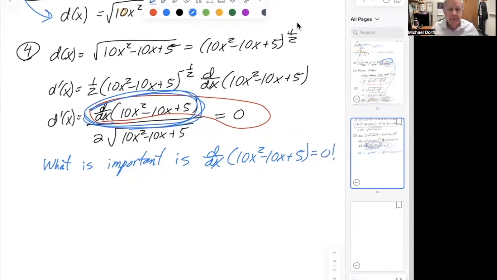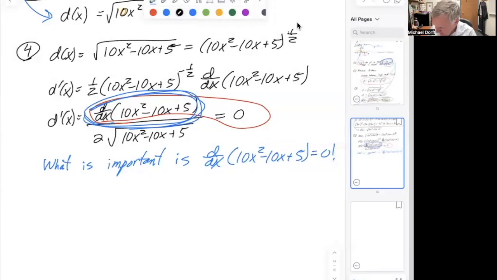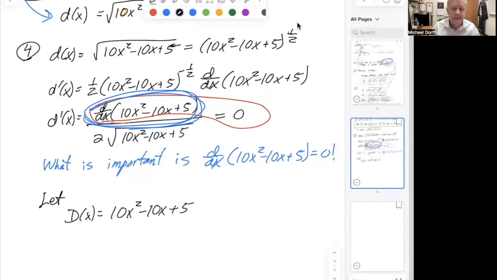That is going to make our life a lot easier when we do these problems. So we're going to define this function, capital D, to be what's inside the square root. Now if we find the critical numbers for that capital D, we're going to get the same critical numbers for the small d, which was the square root of all this.